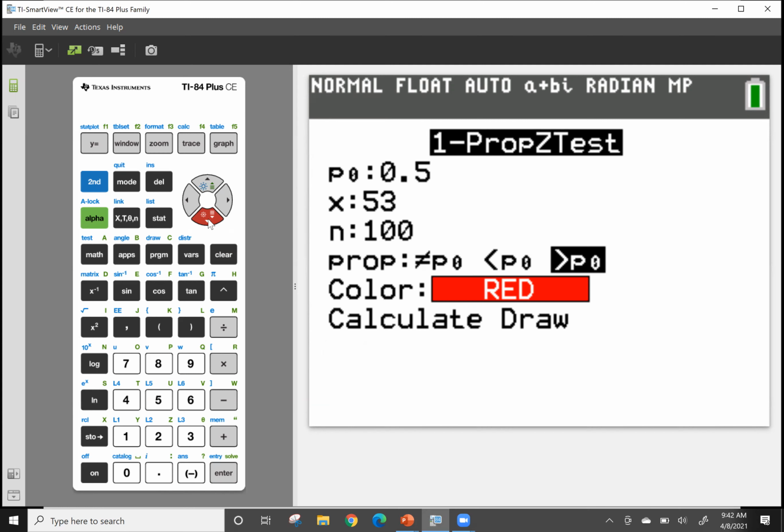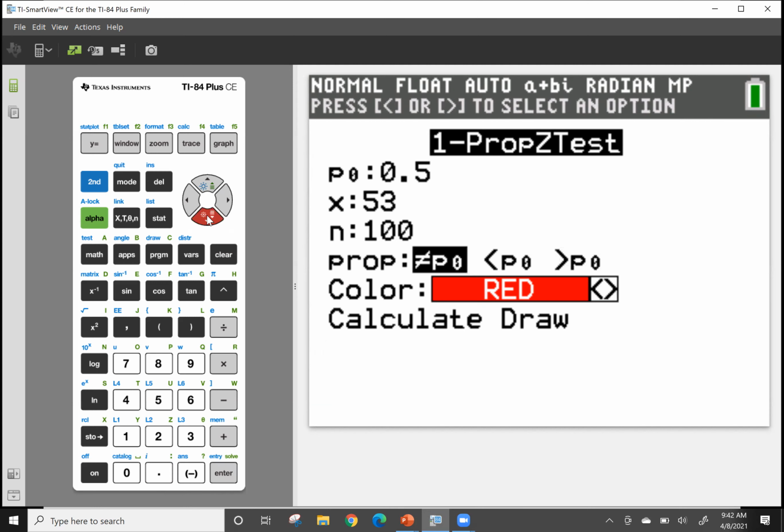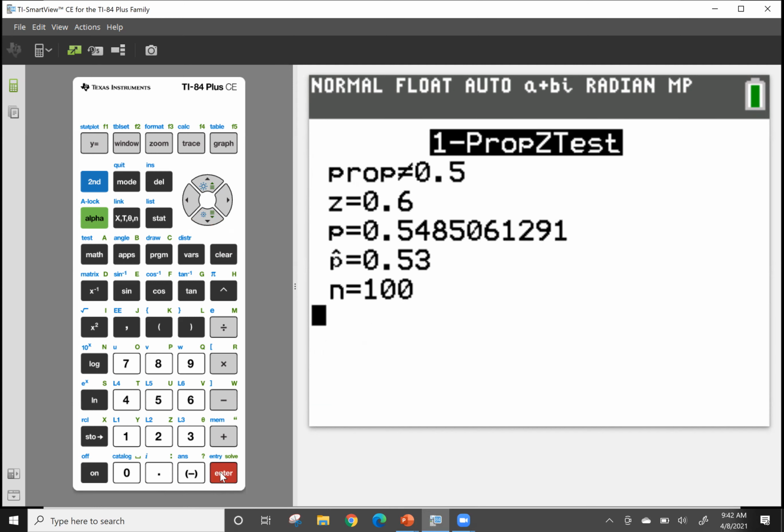So we're going to choose not equal to. And now we're going to calculate. See if I did this correctly. Okay. So the p-value that we get is 0.5485061291. So what conclusion do we draw from that p-value?